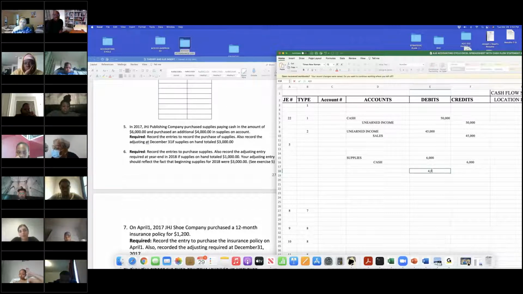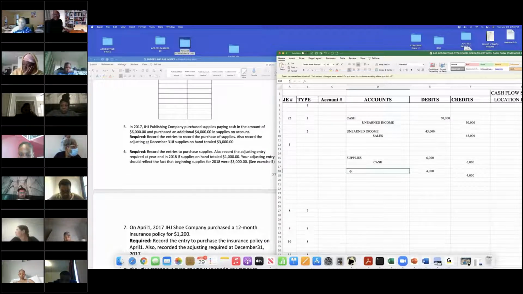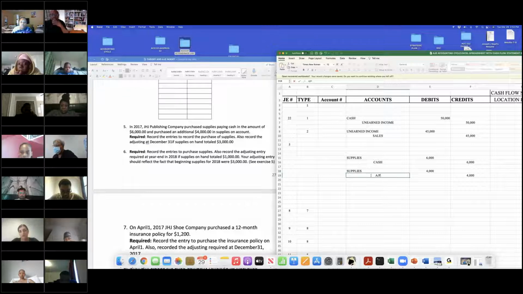What's our journal entry? 4,000 in debits and credits. Now, these journal entries are always going to be the same. You can purchase for cash or on account. You eventually have to pay it. These are the preceding journal entries that you make.